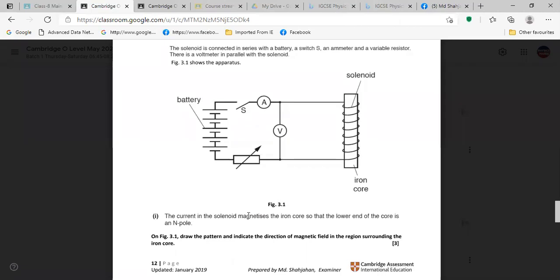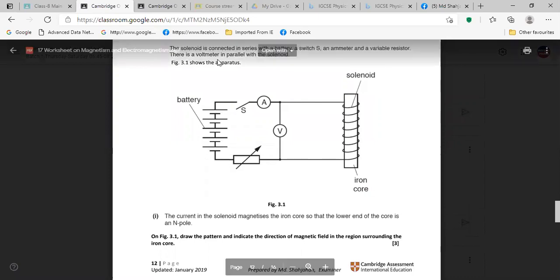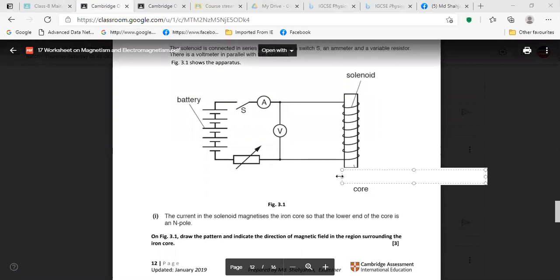They already said where is North Pole, so you can understand where will be South Pole, right? So if here they gave lower end is North Pole, we write here N, and then this side will be South Pole, right?